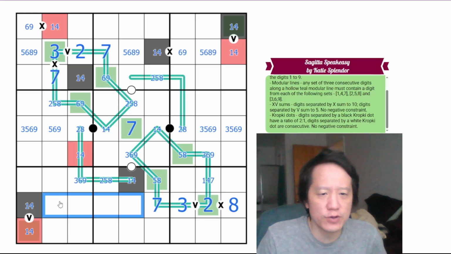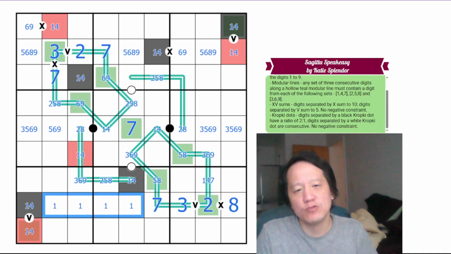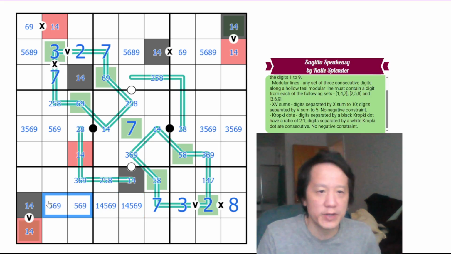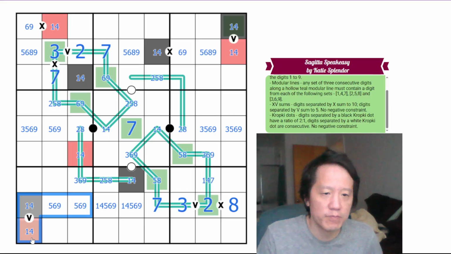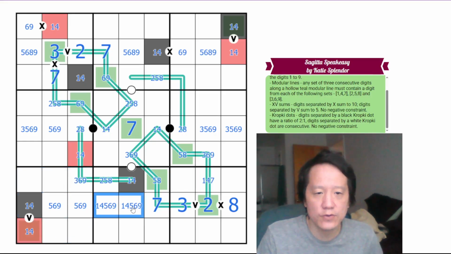The rest of row 8 is 1, 4, 5, 6, 9. And this can't be 1, 4 because of the 1, 4 pair in the box. So obviously one of these is 1, 4.